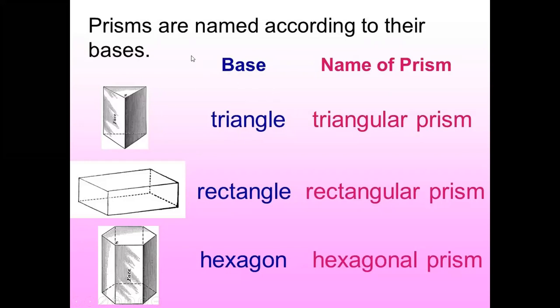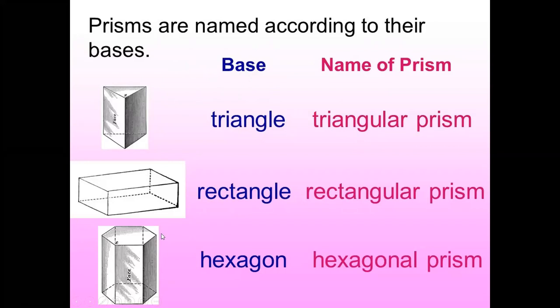We name the prism by the name of its base. What's the meaning of this? For example, this prism's base is a triangle, so we name it a triangular prism. This one's base is a rectangle, so we name it a rectangular prism.